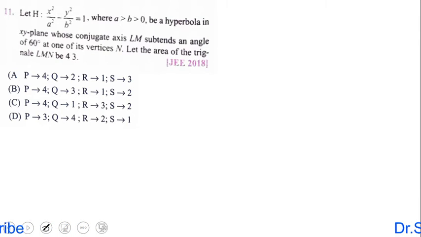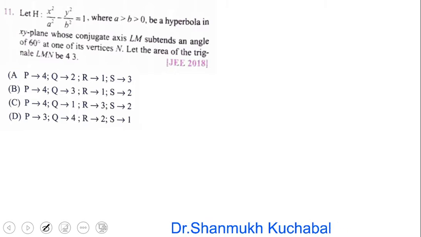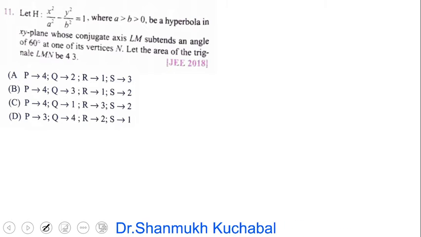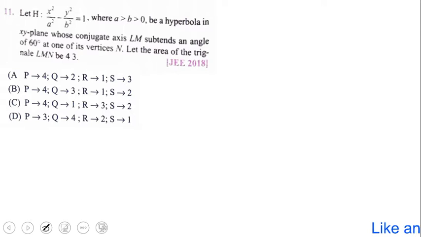Example number 11. Let H represent the equation of a hyperbola where a is greater than b, it is given, and greater than 0. The hyperbola in the xy plane whose conjugate axis subtends an angle of 60 degrees at one of its vertices, and the area of the triangle LMN is 4 root 3, and P implies 4 PQRS.